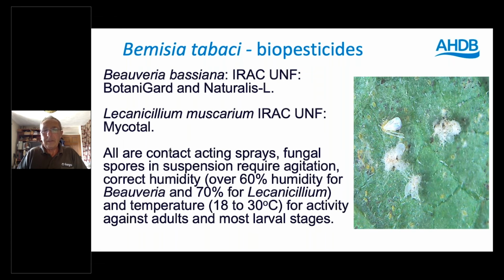So unclassified means it has an unknown or uncertain mode of action, but it is derived from a fungal pathogen. The environmental conditions are absolutely essential to make the fungus work. And also bear in mind that these are registered biopesticides, and the full pesticide rules and regulations for handling, holding, and application come into force on these particular products. They are regarded as a pesticide.